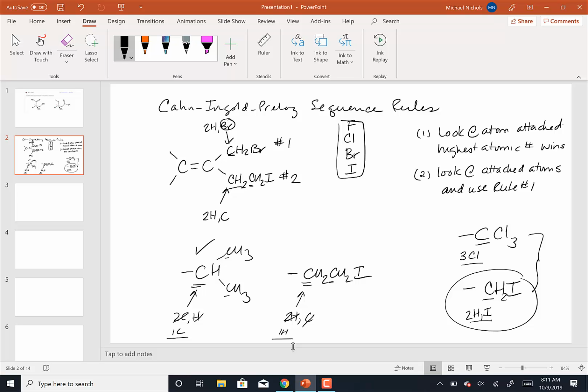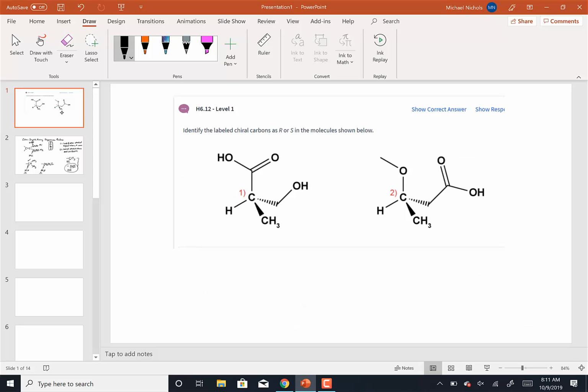Now, how do you handle double bonds? So someone asked about these two problems from the book. These are 6.12. Okay. So let's look at number 1.